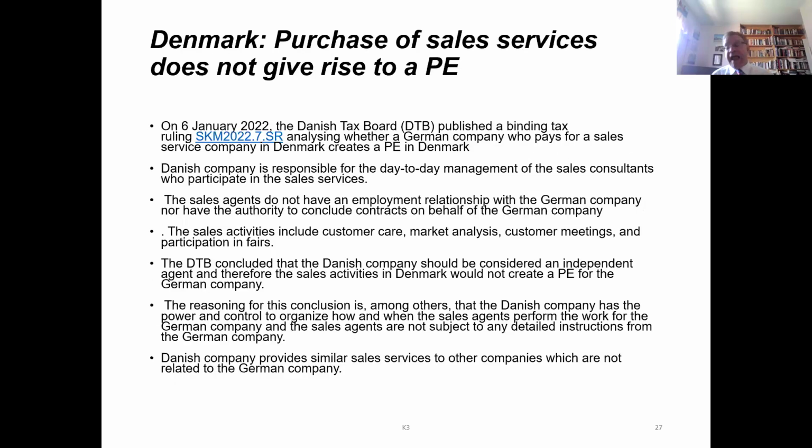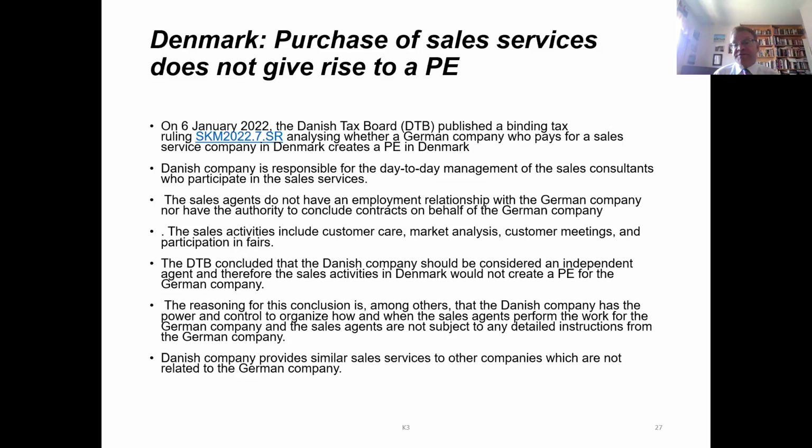However, where instead of having an employee in a place, you have a contract with a Danish company and you are not directly supervising the employees, then you may not get a PE. So this is at the end of COVID, a ruling about whether a German company paying for a sales service company in Denmark creates a PE in Denmark.